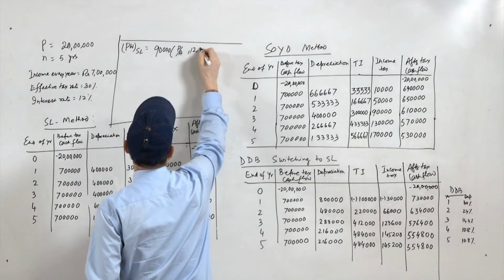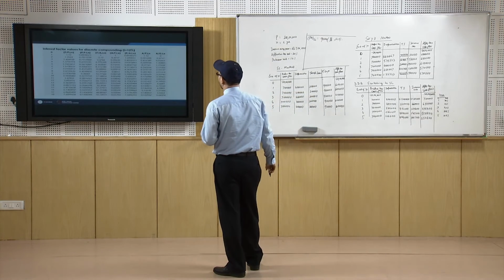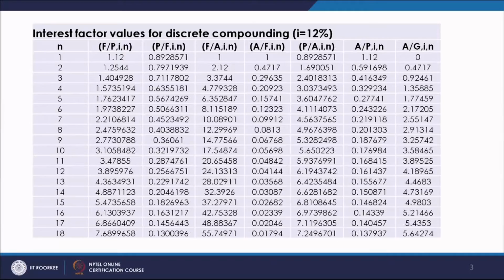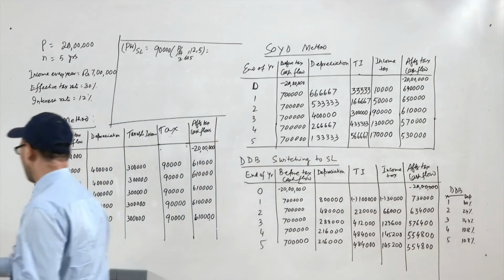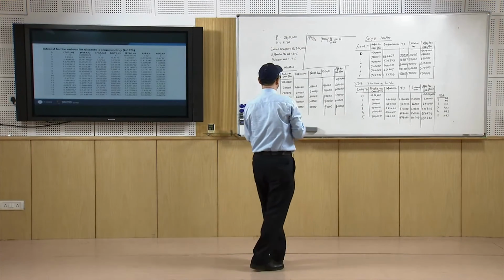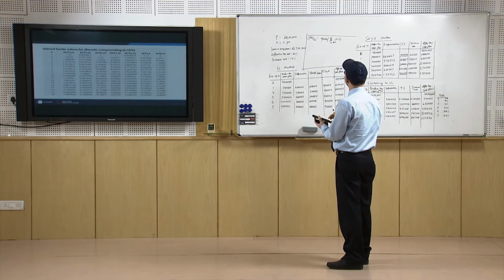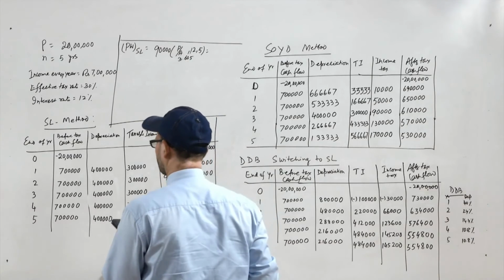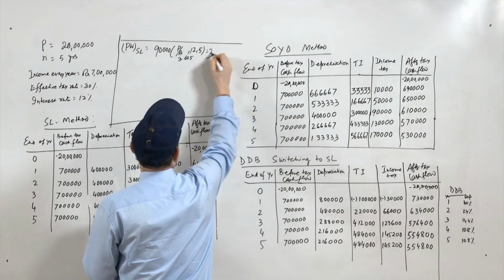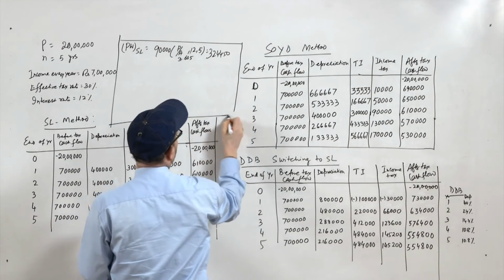So 12.5. P by A 12.5 is coming out to be 3.605. So the amount of tax you are paying is worth 3.605 multiplied by 90,000, and this is 3,24,450 using the straight line method.